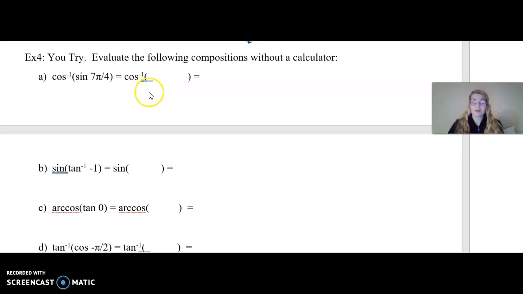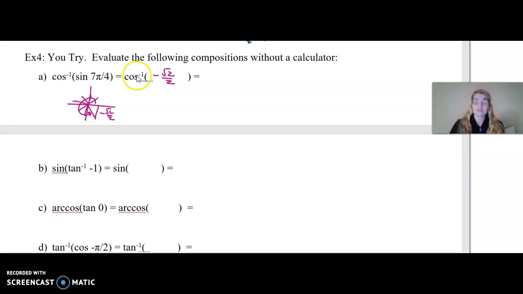Now that you've tried them on your own, let's go through them together. Sine of 7 pi over 4: if we think about that, there's 1 pi over 4, 2, 3, 4, 5, 6, 7 pi over 4, way over here in quad 4. Sine in this case is going to be negative root 2 over 2. Cosine inverse of negative root 2 over 2.